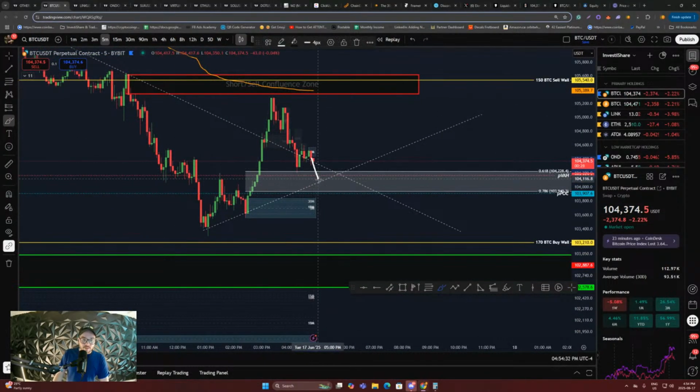So we might get a bounce off this momentum, get a change of character, and then you target these highs right here. And then from here, I believe we'll go range bound after we hit our head off that. And then we can define potential structure for a reversal.